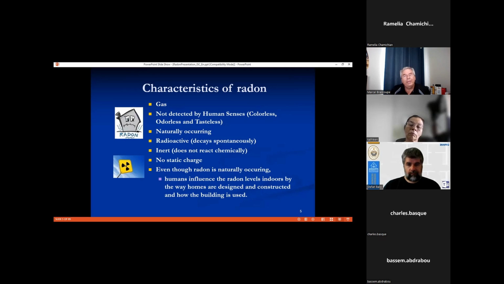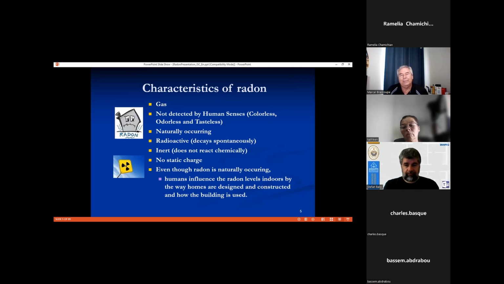It's also radioactive. Now, anytime we use the word radioactive, what that simply means is that spontaneously, the atom, in this case radon, will disintegrate. And when it disintegrates, it's going to release energy, and it's going to change into something else.